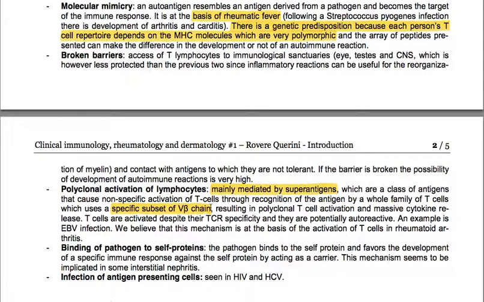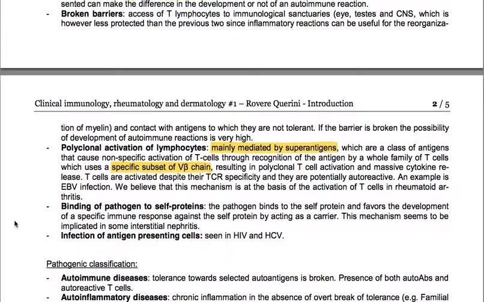T cells are activated despite their T cell receptor specificity, and they are potentially autoreactive. An example is EBV infection. We believe that this mechanism is at the basis of the activation of T cells in rheumatoid arthritis.